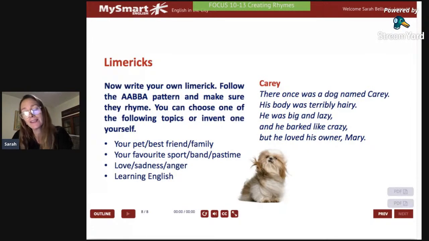And if you can't come up with 5 lines, even 2 lines with 2 rhyming words would go down very well. Let's see if any of you can do this.